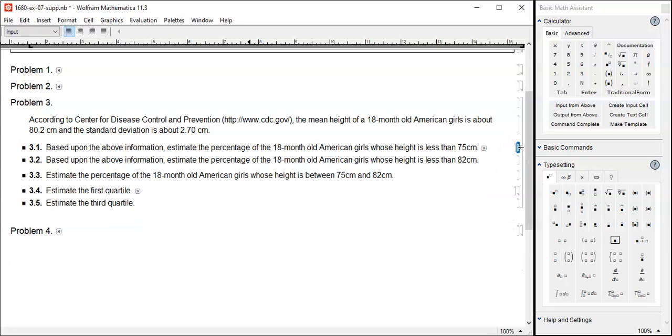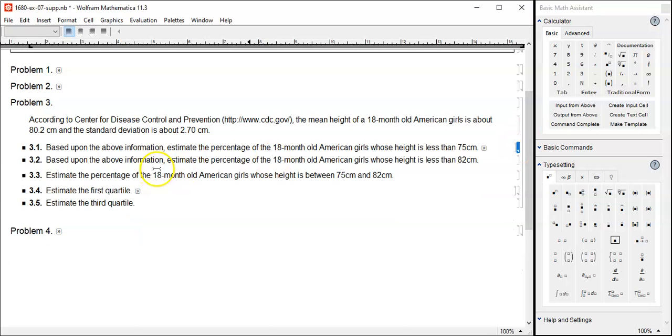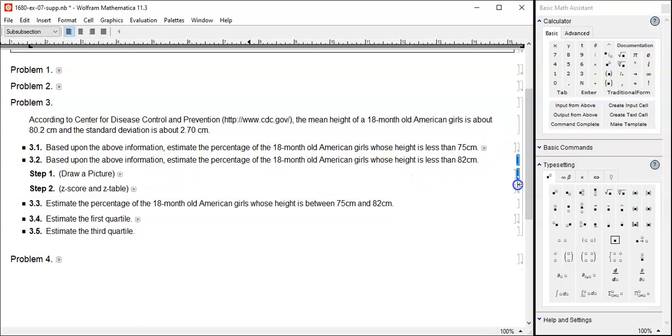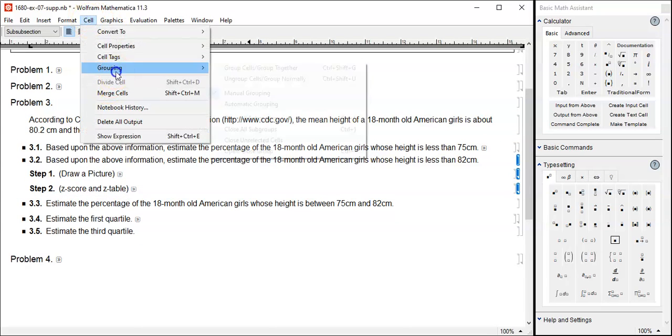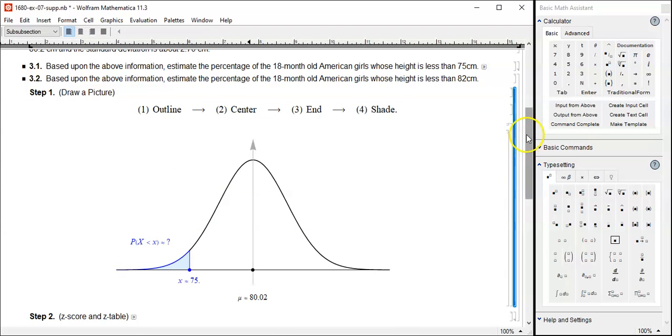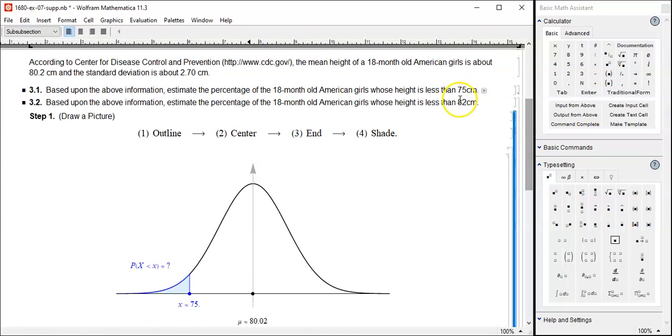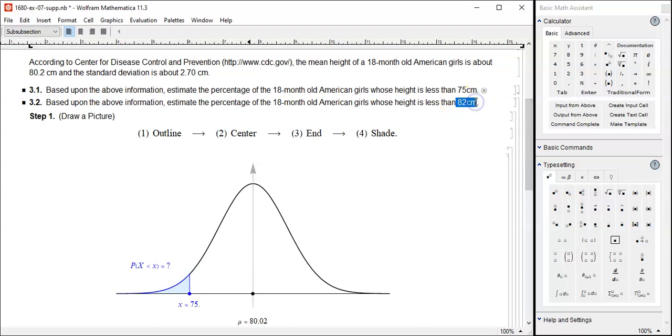Let's repeat this. Based upon the above information, estimate the percentage of 18-month-old American girls whose height is less than 82 centimeters. Can you do this? First step is always drawing a picture, and this picture is of course the previous picture. I just copied and pasted. This time I want 82 centimeters. That's the end.